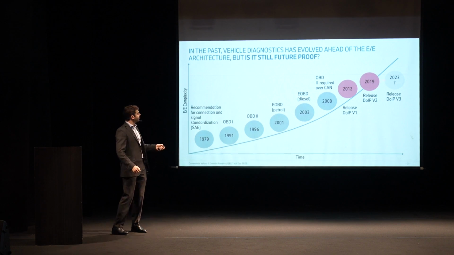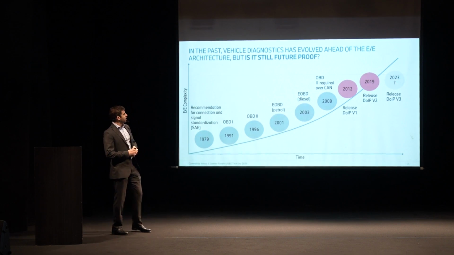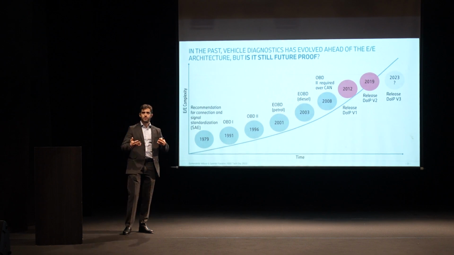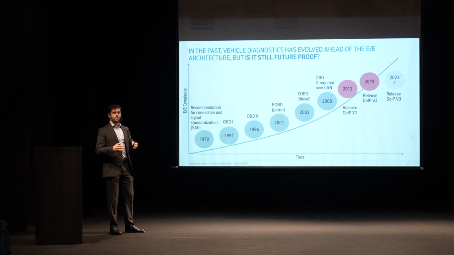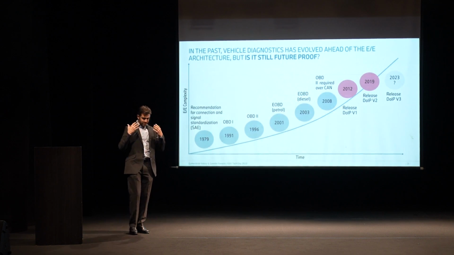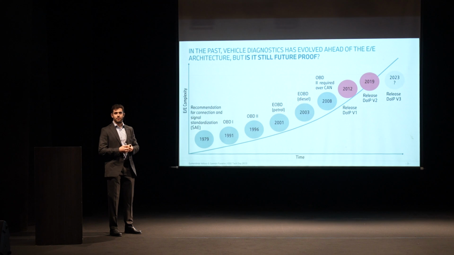And now, at the end of this year, we are expecting the newest release of the protocol. So always in those standardization efforts, the vehicle diagnostic communication was ahead of the EE architecture of the time. So is this still the case? Are we still ahead? That's what we're going to review in this presentation.